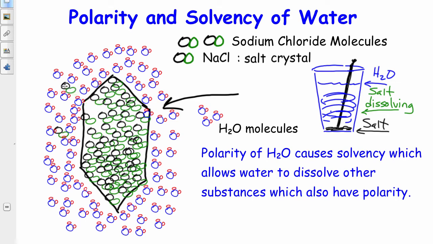And so we wind up starting to have sodium chloride molecules mixing out with the water molecules as the salt crystal wears away or wears down, because the water is pulling the sodium chloride molecules off of the crystal structure and out into solution.